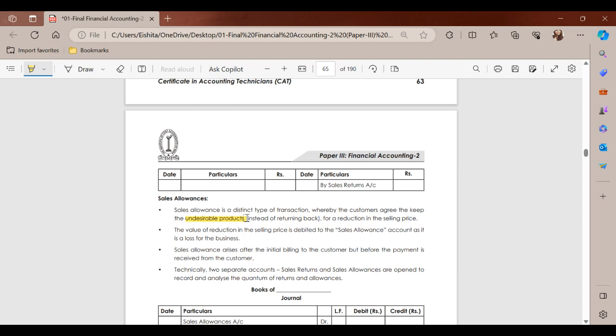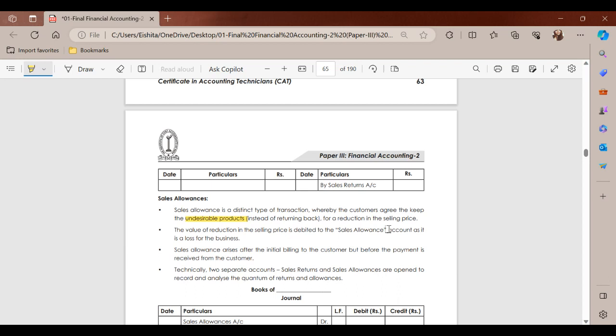You are not interested in the green color, so instead of returning it, you ask for a reduction in the selling price. You bargain with the shopkeeper that you ordered blue but green has come, so you request him to let you keep the quantity with a discount.